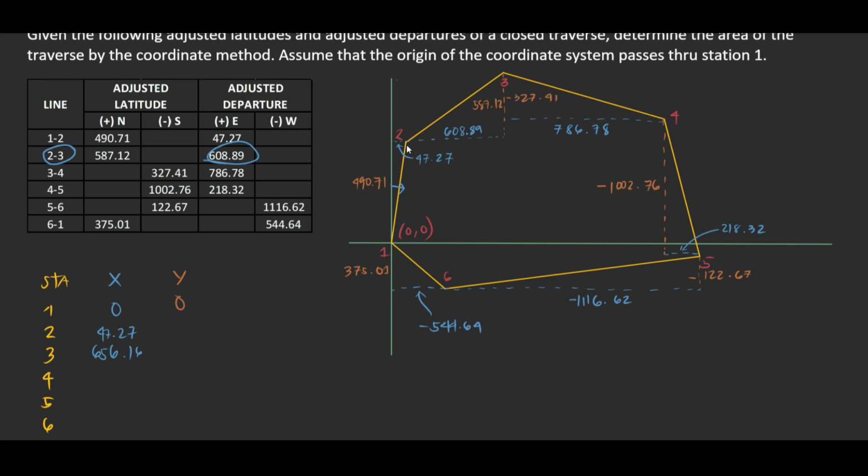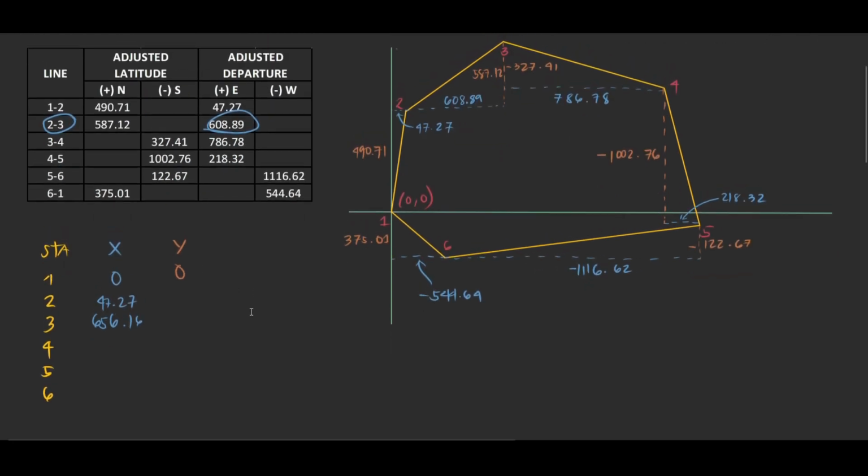Okay, so as you can see right here from point 2, this is the departure, and there you have it. So if you add that to 47.27, you will get 656.16. So basically, you're just going to be doing this all over again. So in order to find the x coordinate of 4 right here, you just add to the x of the previous station the departure of line 3 4.